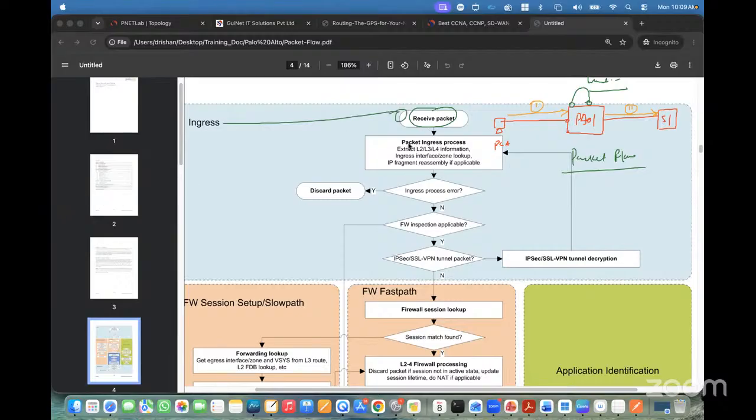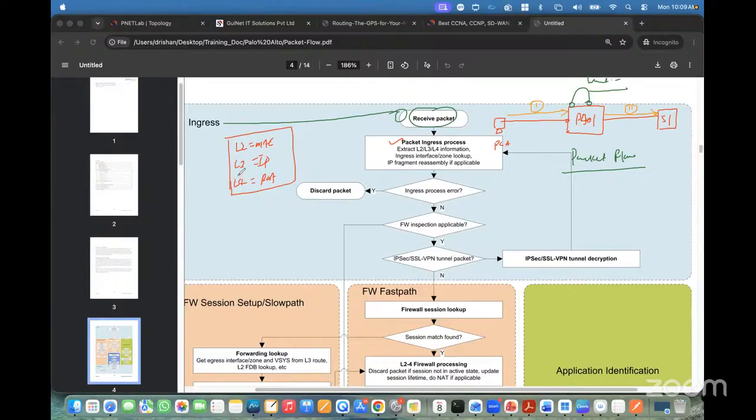The action is they will verify the layer 2 address, layer 3 address, and layer 4 information. So they will verify and extract layer 2, layer 3, and layer 4. Layer 2 is your MAC address, layer 3 is your IP address, and layer 4 is your port numbers. So these three pieces of information they are going to verify.